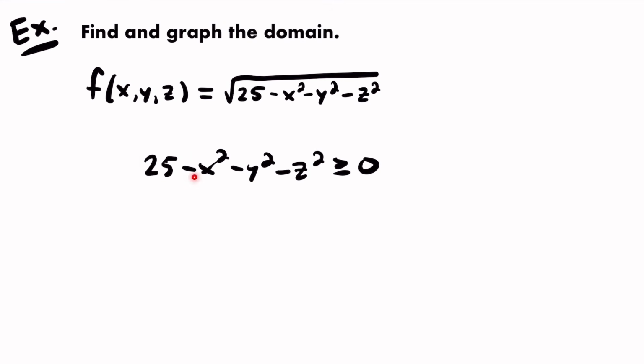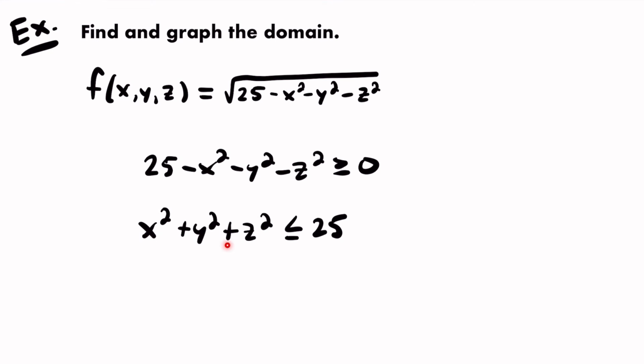All right, and so adding x squared, y squared, and z squared to both sides of the equation, you get this: x squared plus y squared plus z squared must be less than or equal to 25. That's what this results in. And hopefully you recognize this to be a sphere, right? If you ignore this inequality for a second, if it was an equal sign, that would be the equation of a sphere.